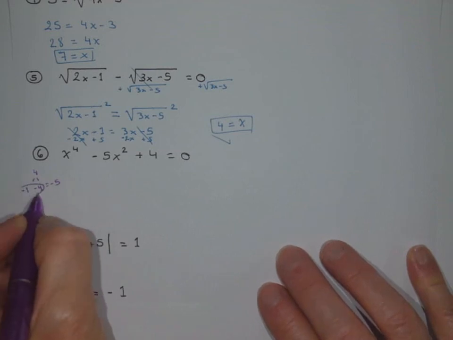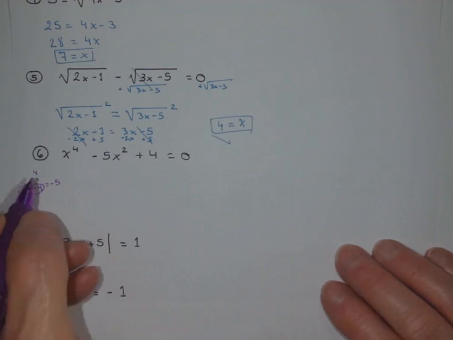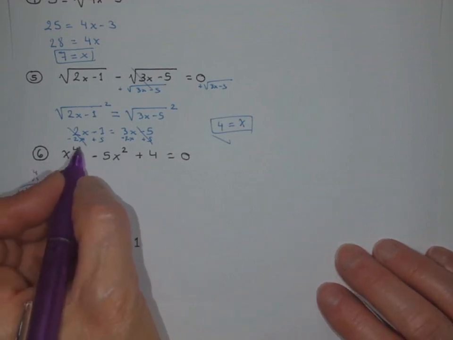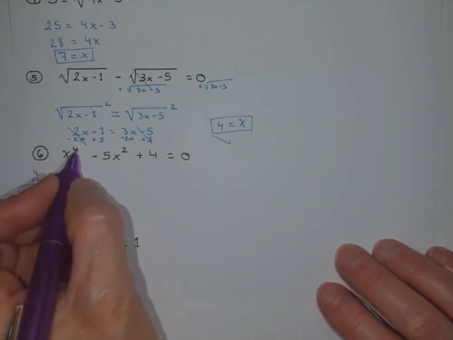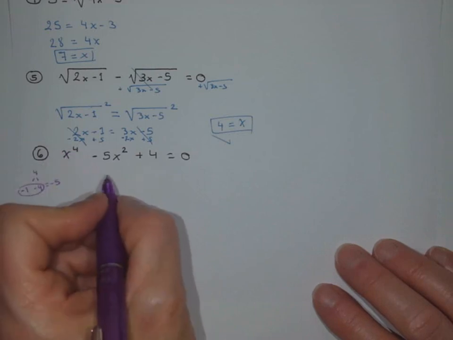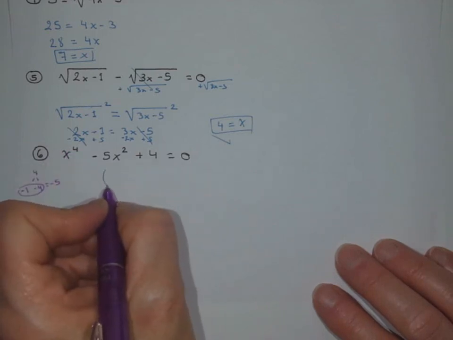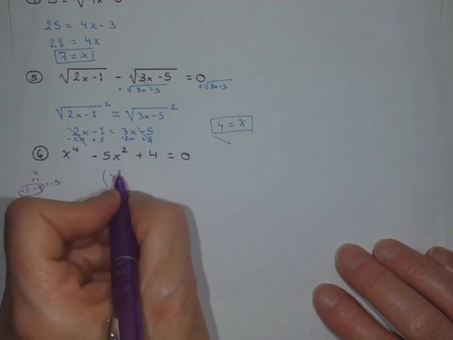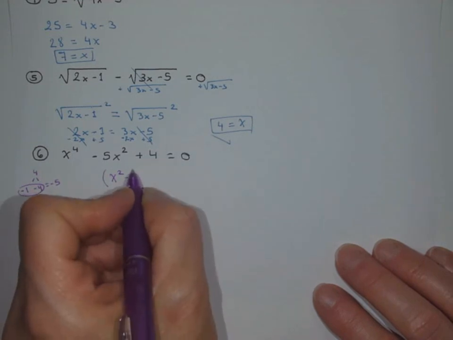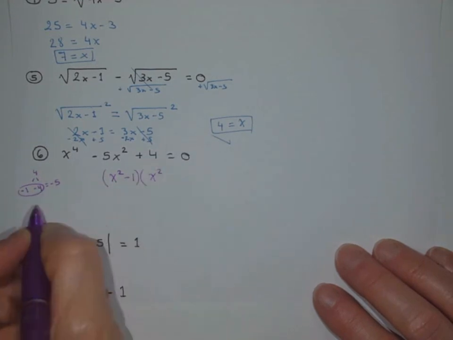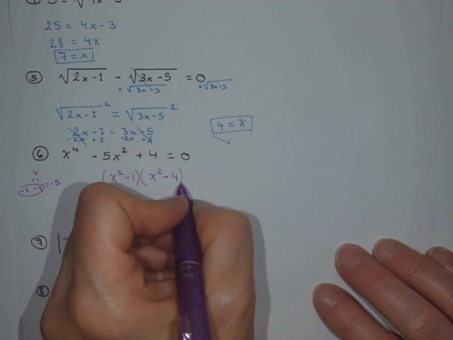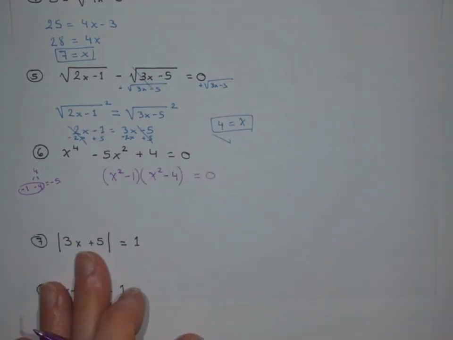So I can replace my negative 5 with a negative 1 and a negative 4. I have to be careful though, because I started with a quartic, not a quadratic. So when I'm going to factor that, I'm going to say that's the same thing as x squared minus 1 and x squared minus 4, all of that equal to 0.